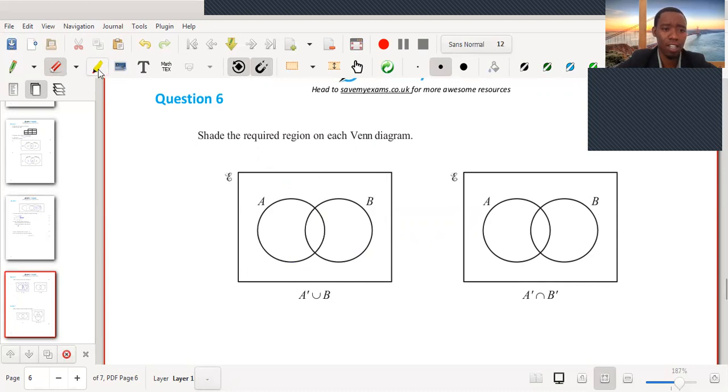I'm going to use this highlighter. So I'll shade everything here in this set, and then outside.